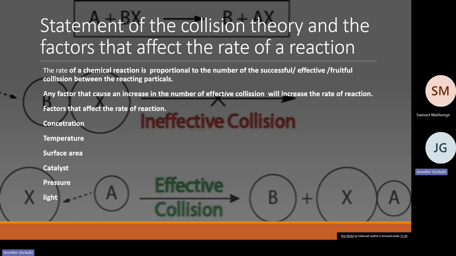I would just want to mention them, and then we shall look at them one at a time as we also perform some experiments. And the first one is concentration. How does changing concentration affect the rate of the reaction?